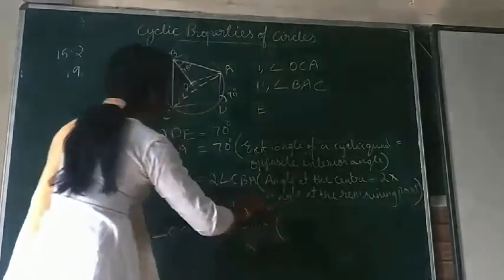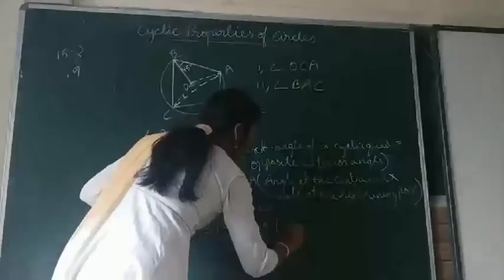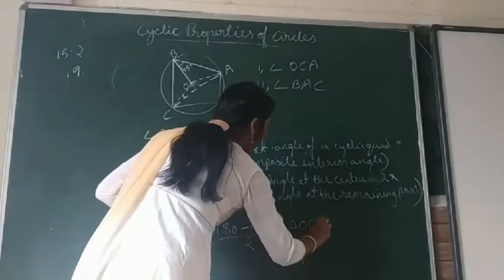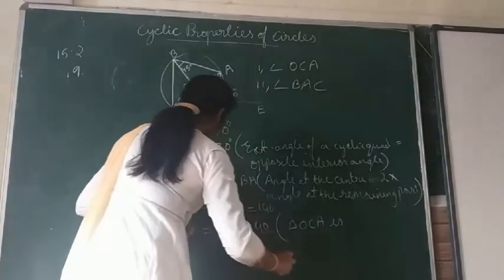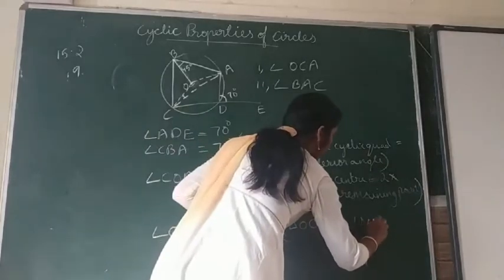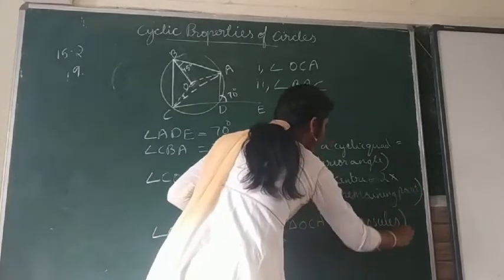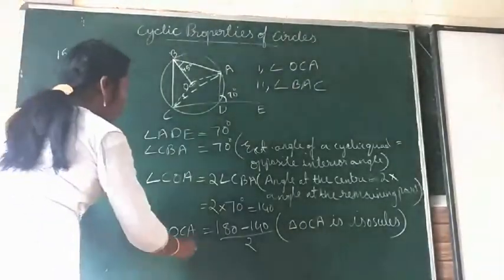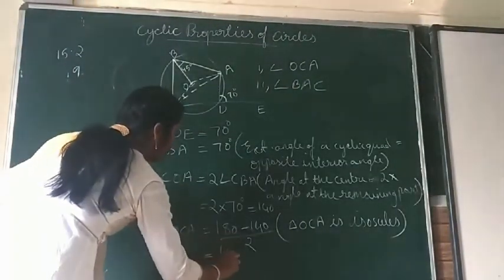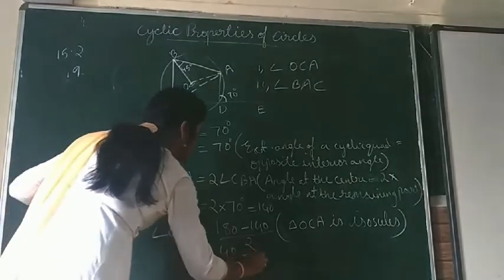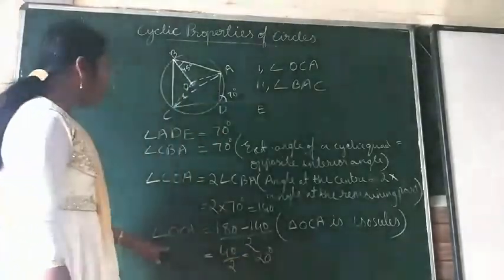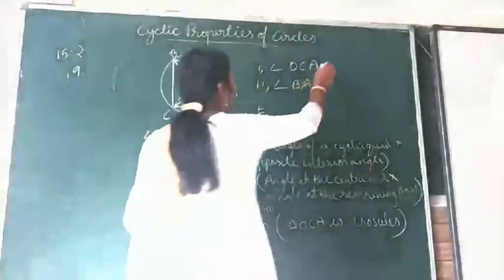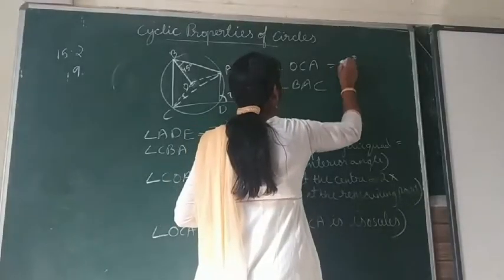The reason is triangle OCA is isosceles. Now that is equal to 40 by 2 is equal to 20 degree. Hence we have got the value of angle OCA, that is equal to 20 degree.